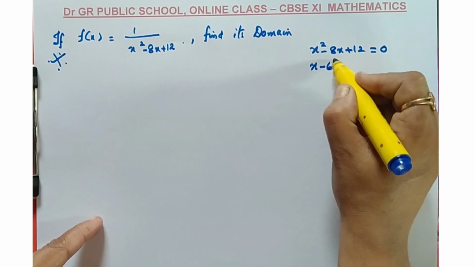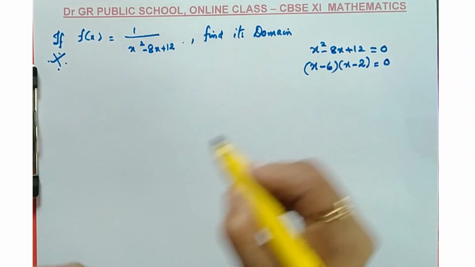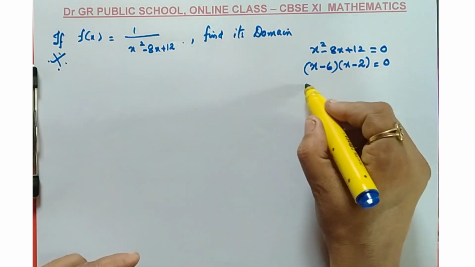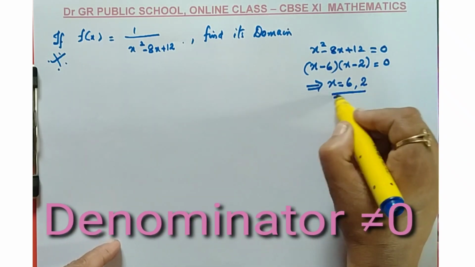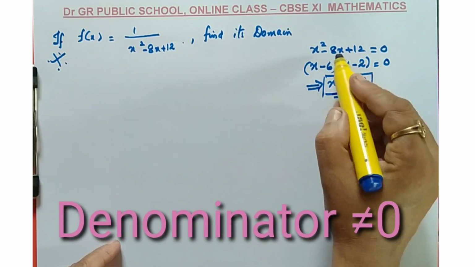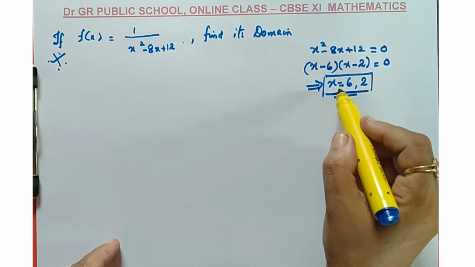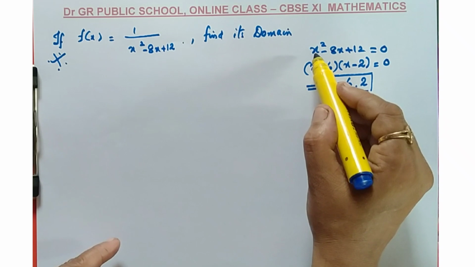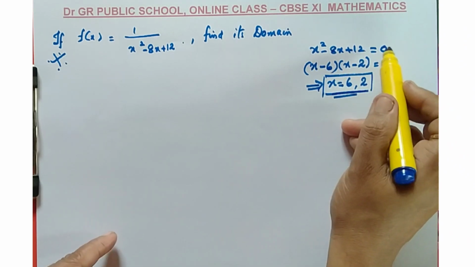It can be split up as x minus 6 into x minus 2 equal to 0, converting them to two linear factors, which implies x equals 6 and 2. These two values, when substituted in this function, make the denominator equal to 0. Why? Because for example, when x equals 6, 6 square is 36, minus 6 times 8 is 48, plus 12 becomes equal to 0.